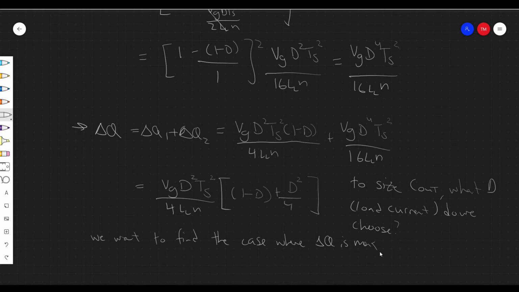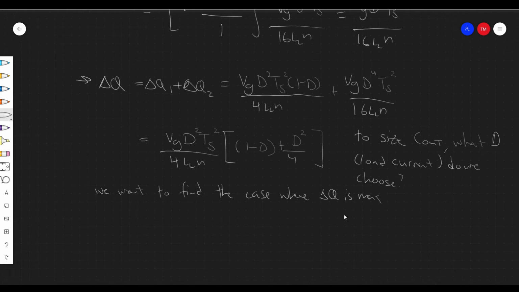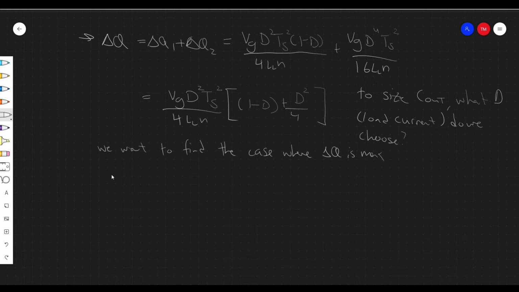If delta Q is max, then the C we choose to contain that delta Q will be large enough to ensure that delta V is smaller for all other cases. Well, how do we find the max Q? Well, D is a variable. D is our variable in this case. So the max Q, all we have to do is differentiate this delta Q by D, right?